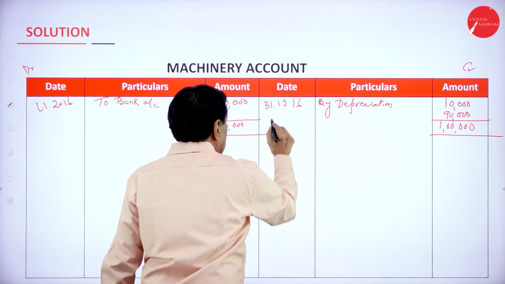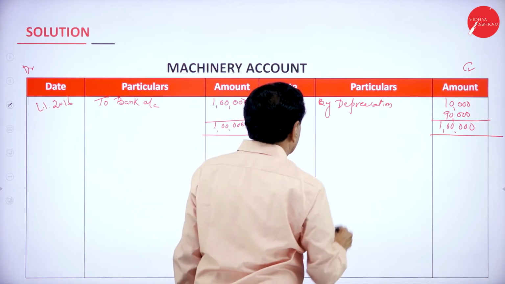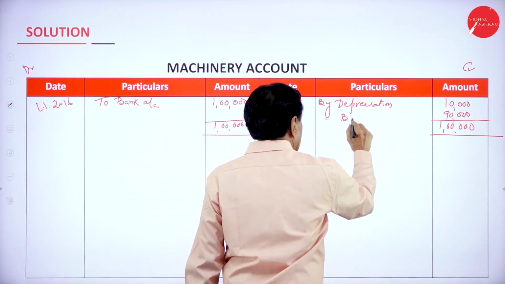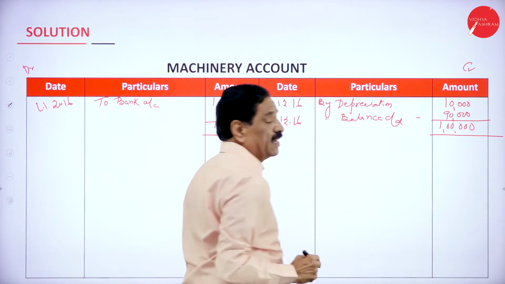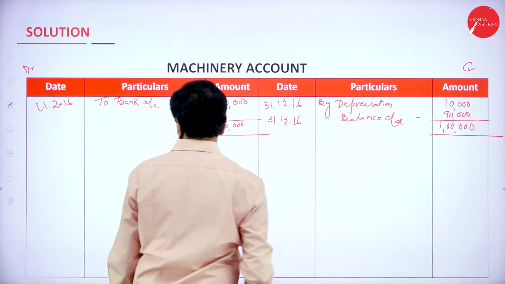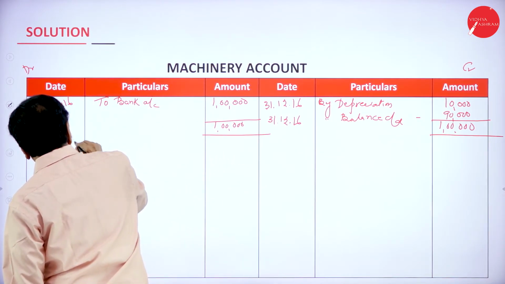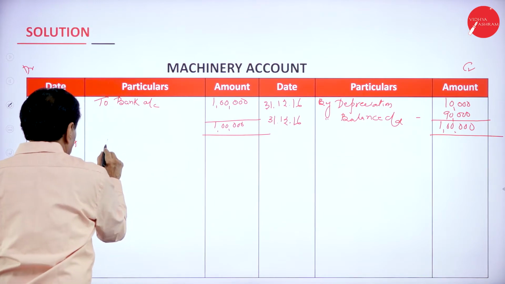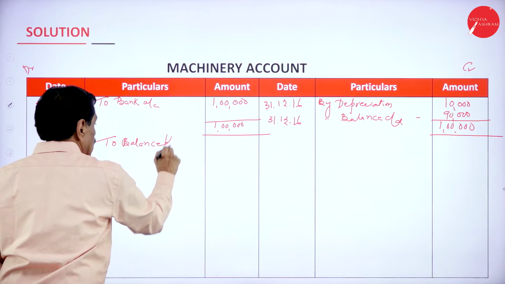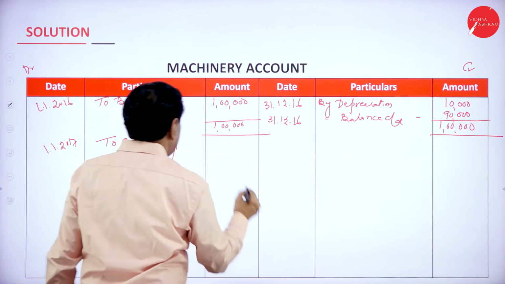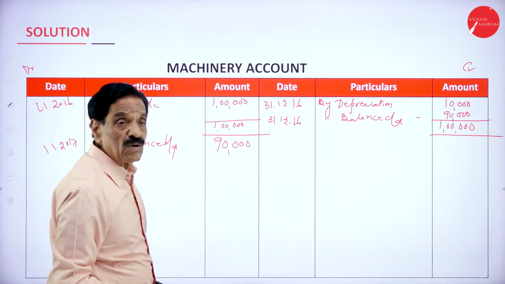This is 31st December 2016, same date, by balance carried down at the end of the year, brought down to next year, 1/1/2017, to balance brought down. What's the value? 90,000. Your balance is 90,000.